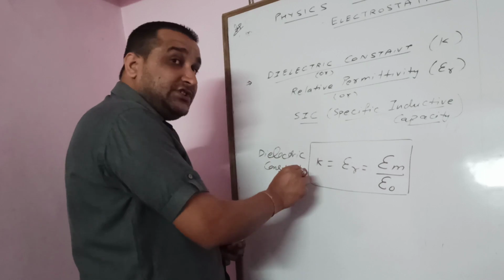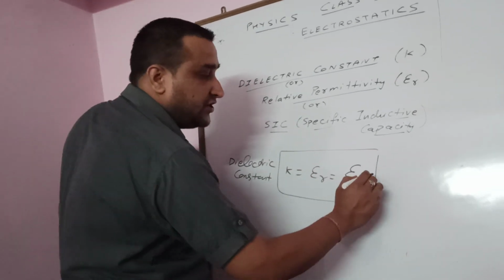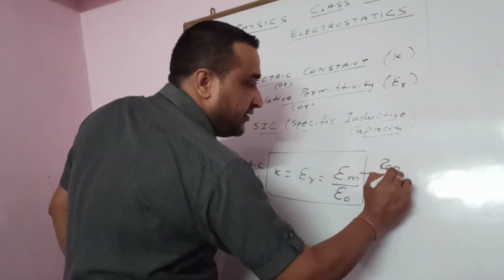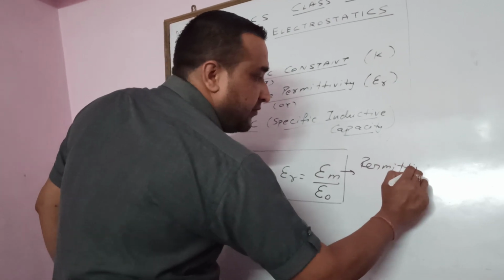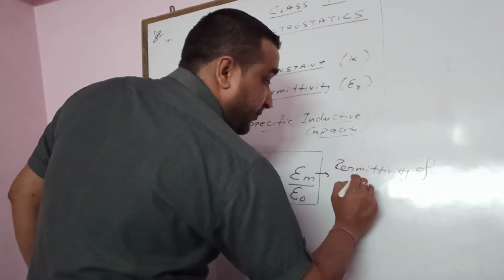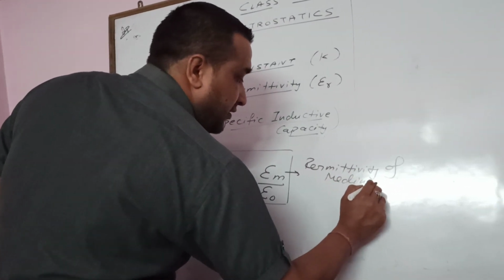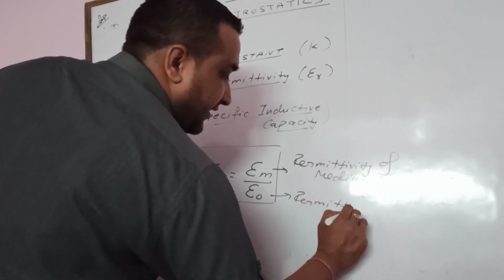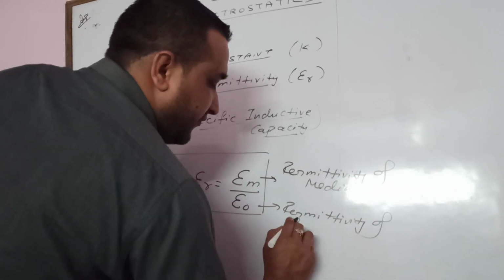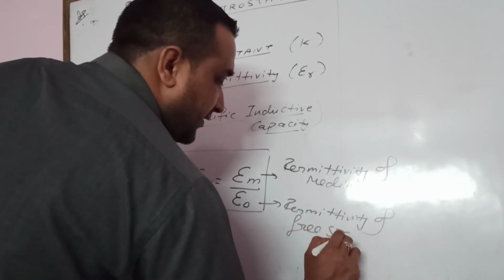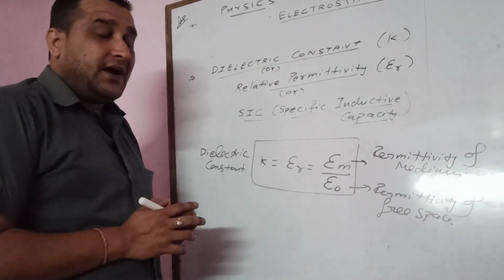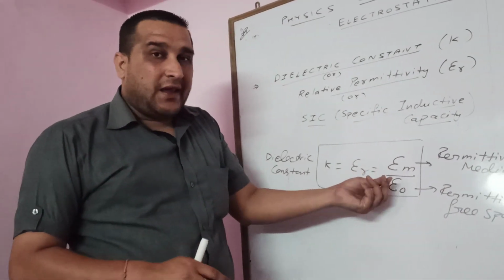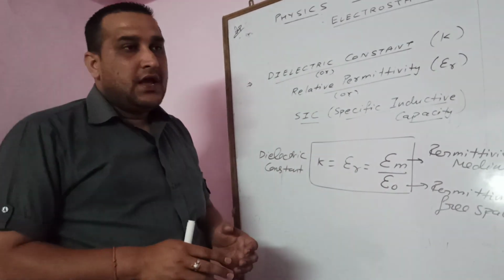So the dielectric constant or relative permittivity is only the ratio of the permittivity of a medium to the permittivity of free space. One thing will come to your mind: what do we mean by permittivity?